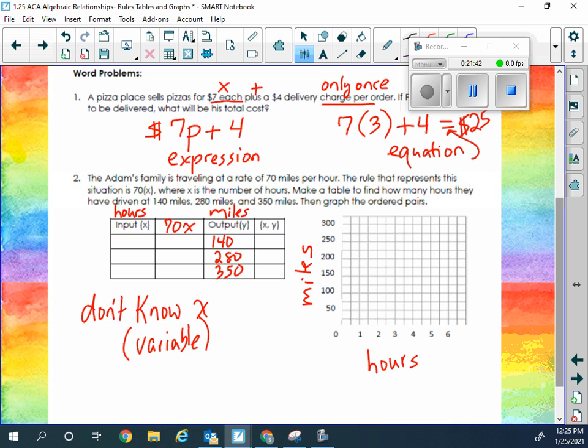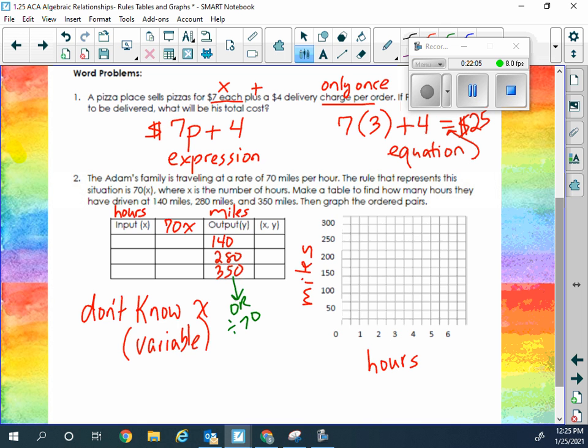Okay, so now let's stop and think. We know the process is 70x. So you should be thinking to yourself, 70 times what is going to give me 140? Or I can think backwards. Instead of thinking 70 times what can I do? Divide by 70. That's exactly right. You can take that output and divide by 70.